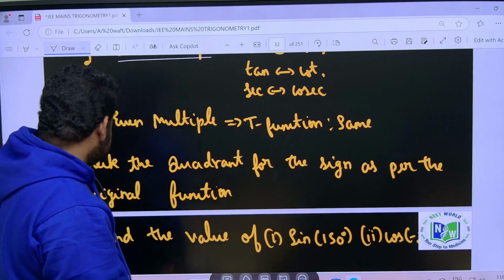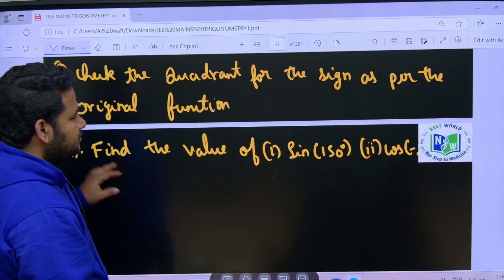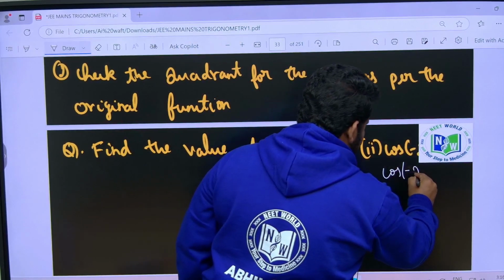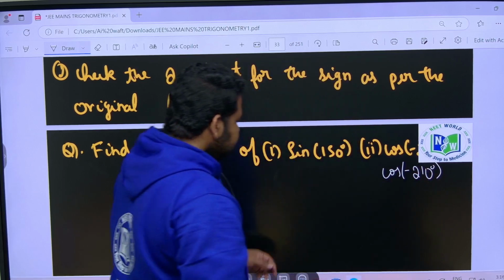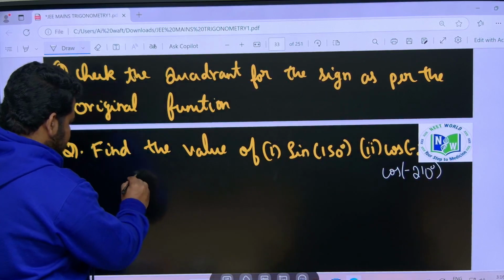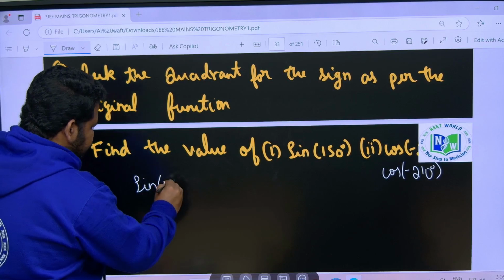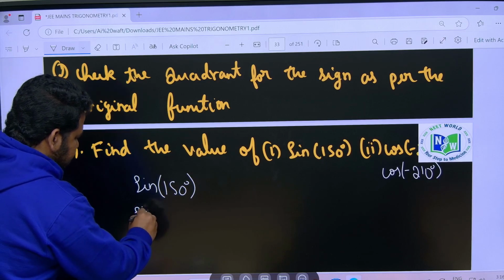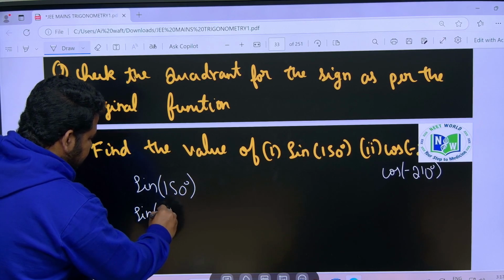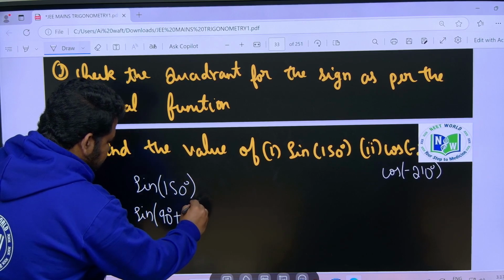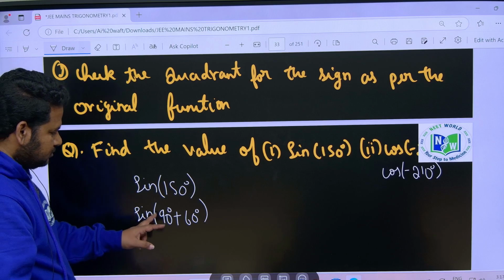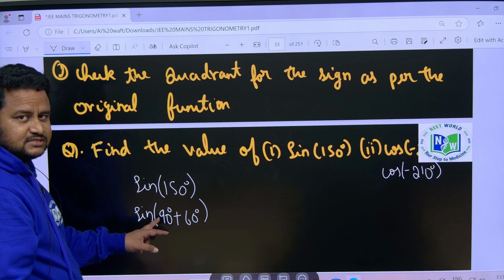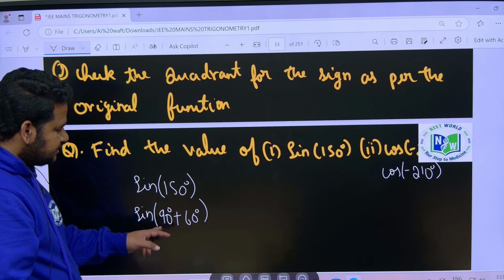Next, find the value of sine 150 degrees, and cos minus 210 degrees. Sine 150 degrees, I will solve in two ways. Sine 150, I can write as sine of 90 plus 60. This 90 is pi by 2, that is 1 into 90, an odd multiple.